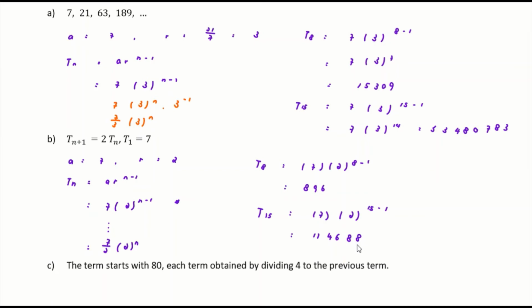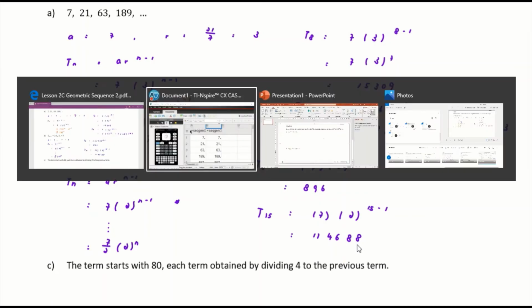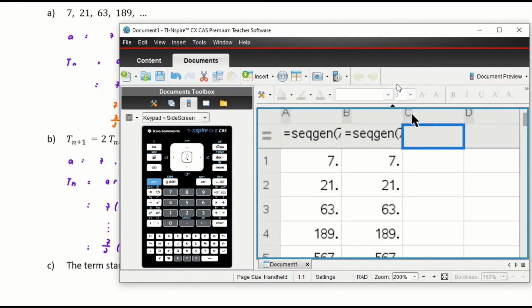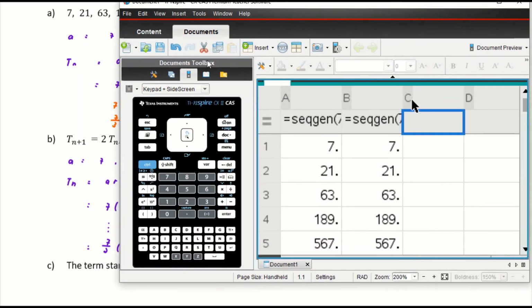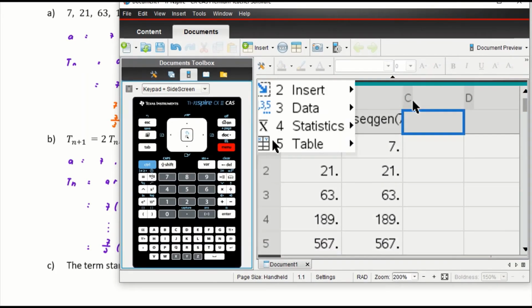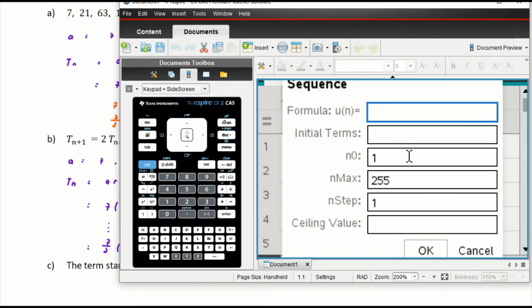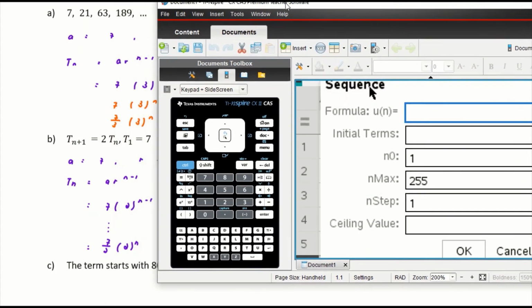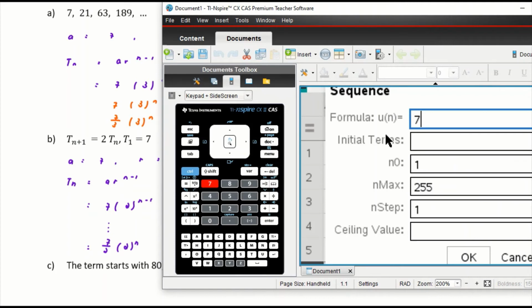Same thing, let's try to generate this in our calculator. Menu, then data, generate sequence. Now key in the equation that we have: 7 times 2 to the power of n minus 1.